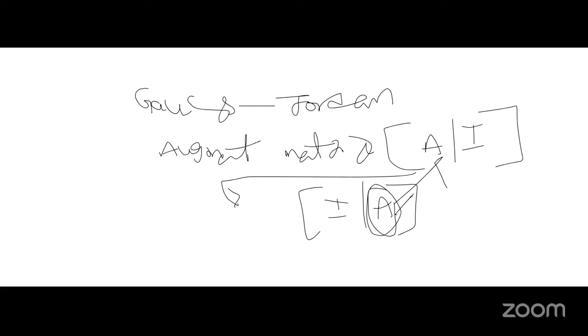So this is the inverse of matrix A by using the Gauss-Jordan method. Okay.